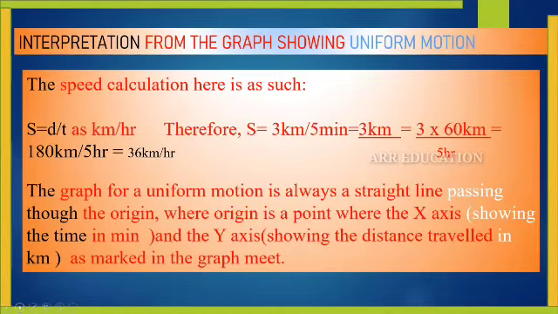When the numerator and denominator are multiplied by the same number, the fraction is still the same. The way we look at it is different, but it's the same. So at last we'll get 180 kilometers by 5 hours. Now to simplify the fraction, we divide 180 kilometers by 5 hours. So we get 36 kilometers per 1 hour, or you can say 36 kilometers per hour, which is the answer.